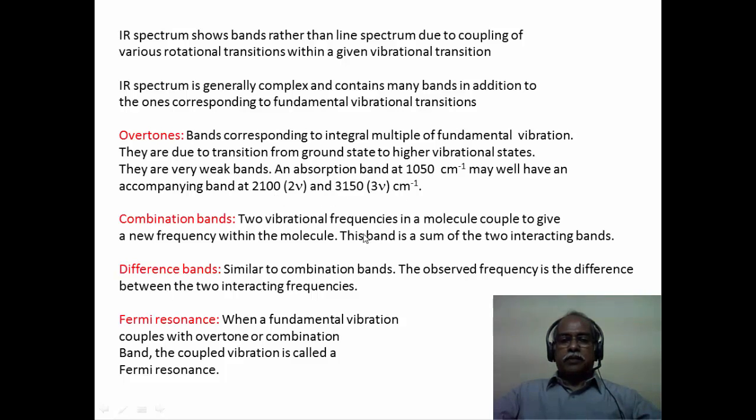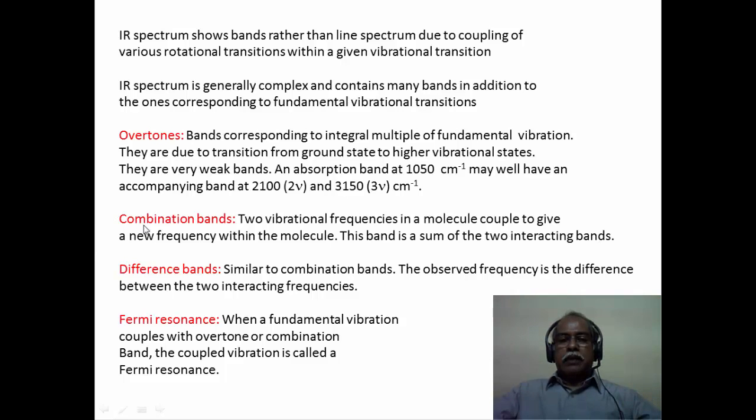Suppose two vibrational frequencies are there in a molecule, they can couple to give a new frequency under certain conditions. Not all the time will two frequencies couple to give a third frequency, but there are conditions under which two vibrational frequencies of a molecule can give a new frequency within the molecule. This band is called the sum, or the combination band.